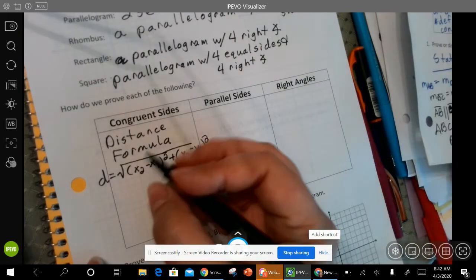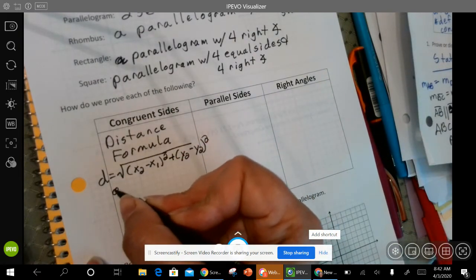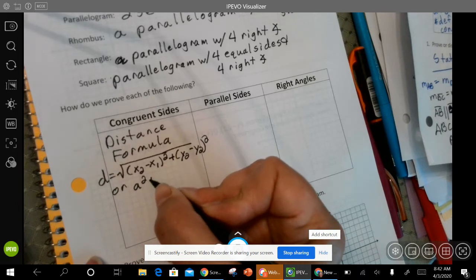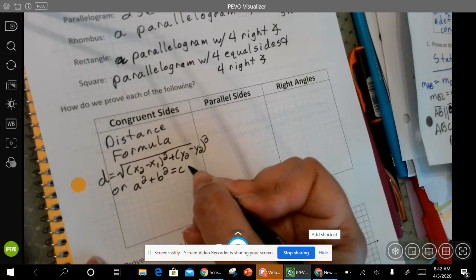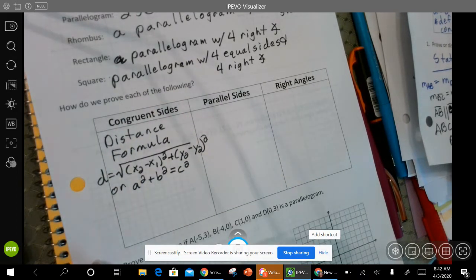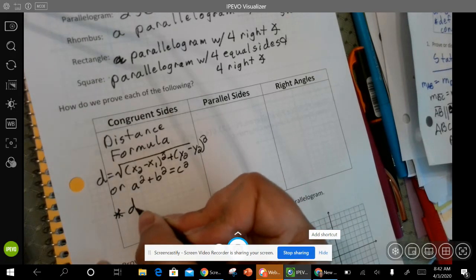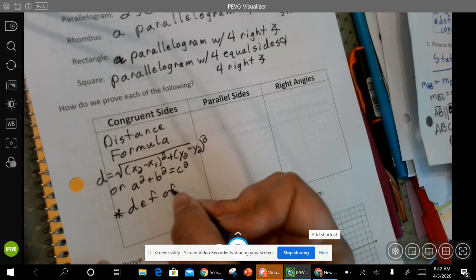Or you can also use the Pythagorean theorem. And remember, that's another form of the distance formula. Okay, we can also use the definition of congruent.